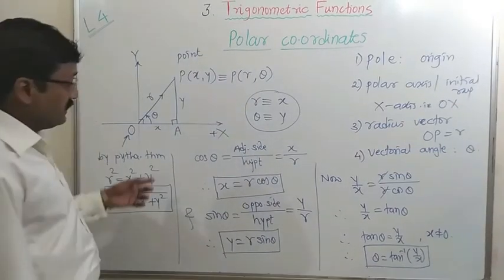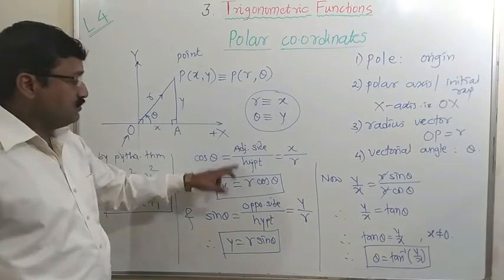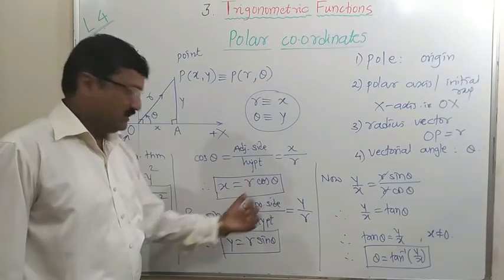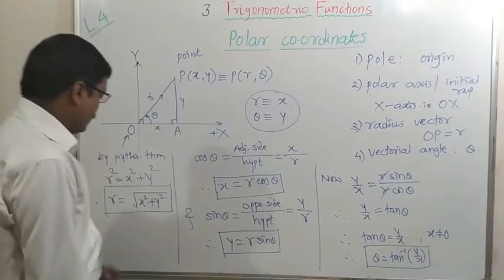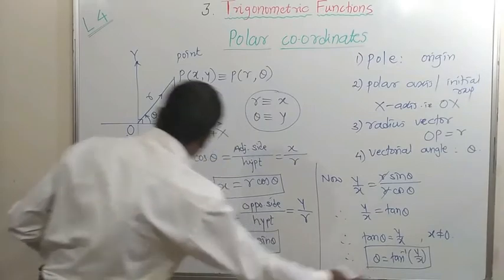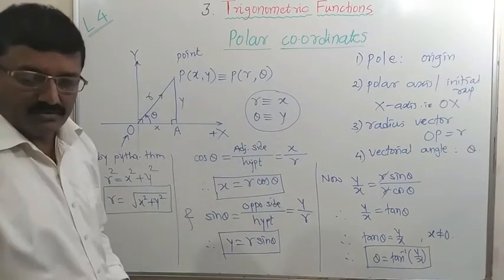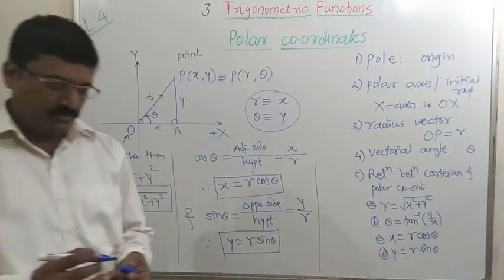Whenever r and theta are given, and if you want to find x and y, you have to use these two relations: x is equal to r cos theta and y is equal to r sin theta. So these are four formulas that we have to remember to solve the examples.